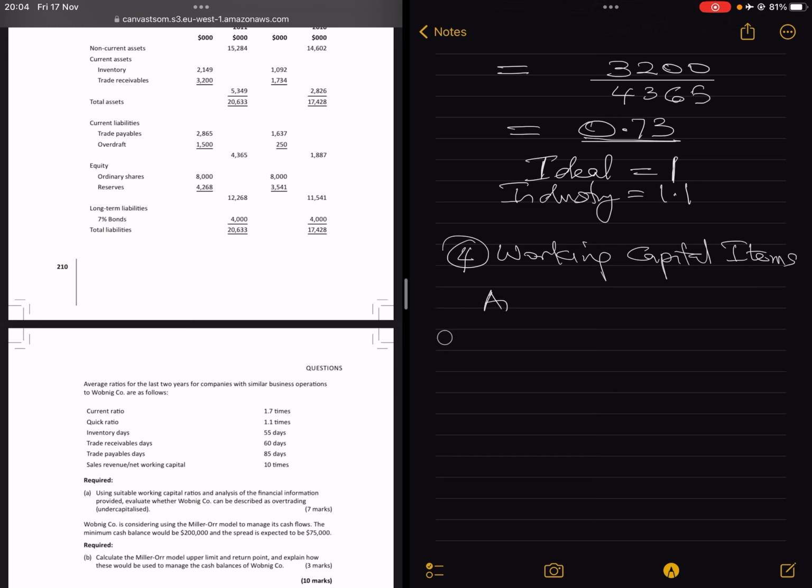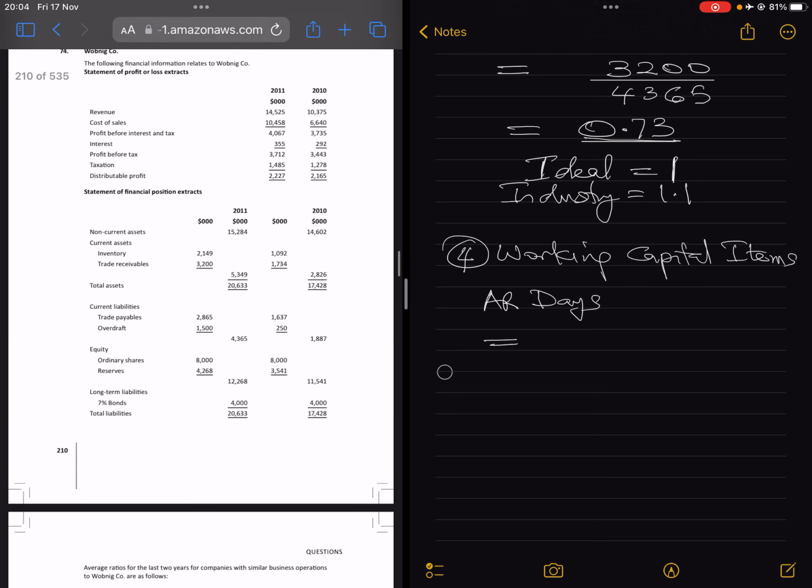Starting with AR days. AR days is AR balance, which is 3200, divided by sales revenue of 14,525, multiplied by 365 days.